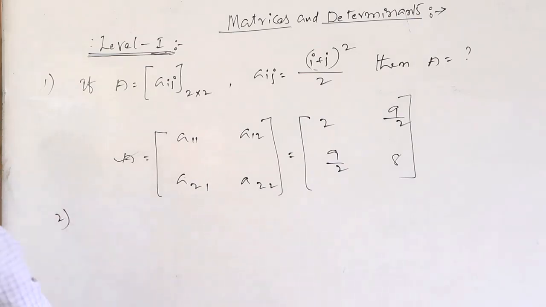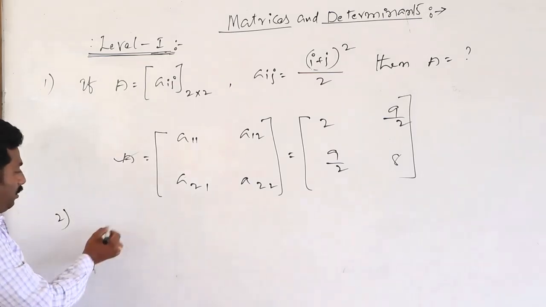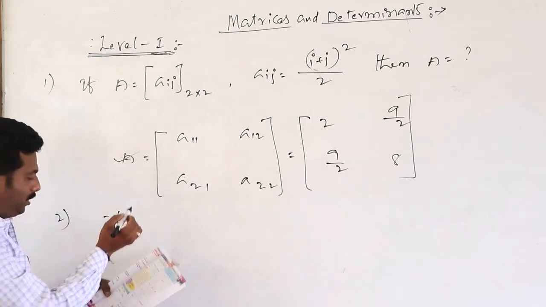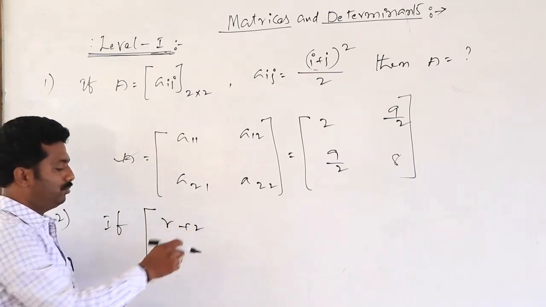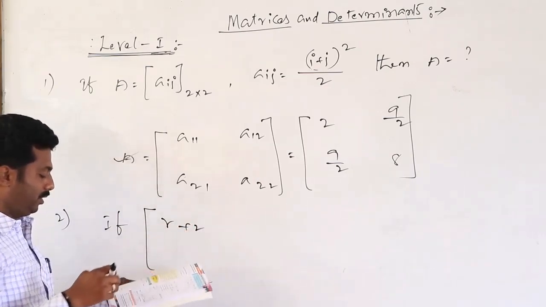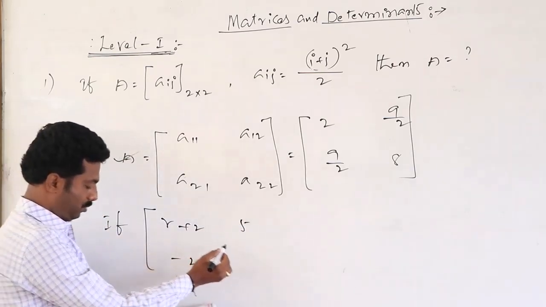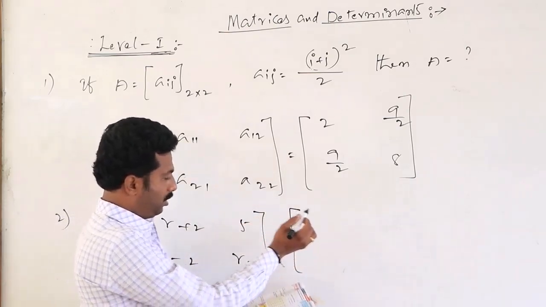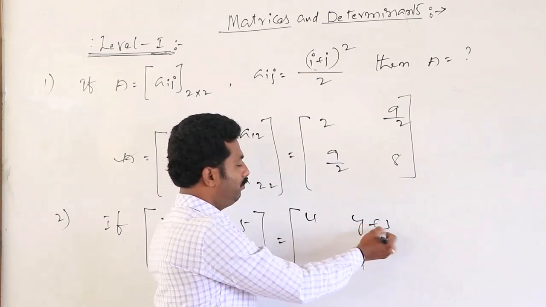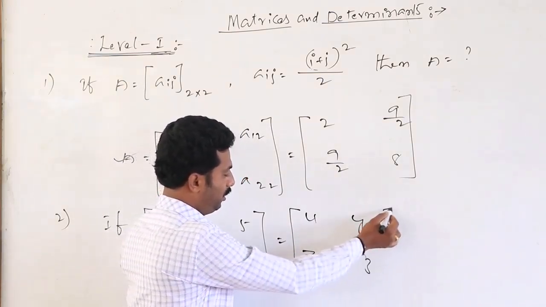Next, if we see the second question, they gave one matrix equation. We will see. First one is x plus 2, 5, minus 2, x plus 1 equal to 4, y plus 3, z, then this is 3.